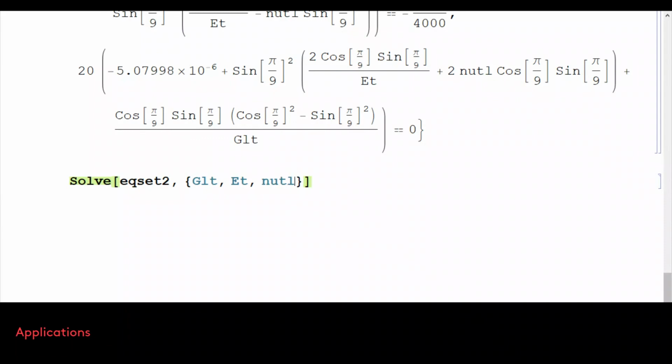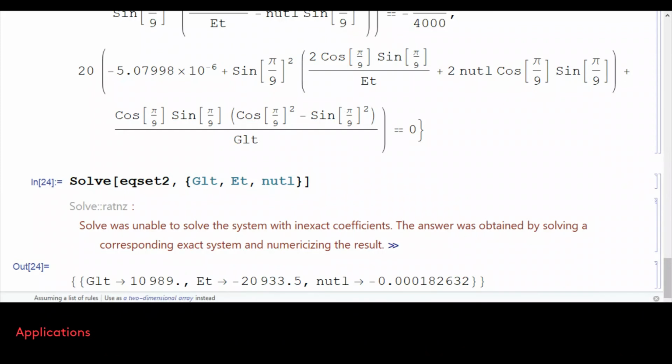Those are the unknowns. And let's see the solution for this. Okay, so it gives us an error.